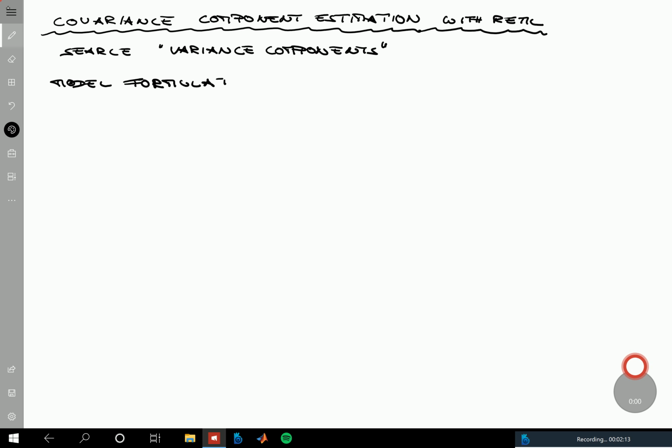The main point here again is that we are dealing with a GLM, our standard GLM as always. However, the errors are distributed now not in a spherical manner, but with some non-spherical covariance matrix V lambda.